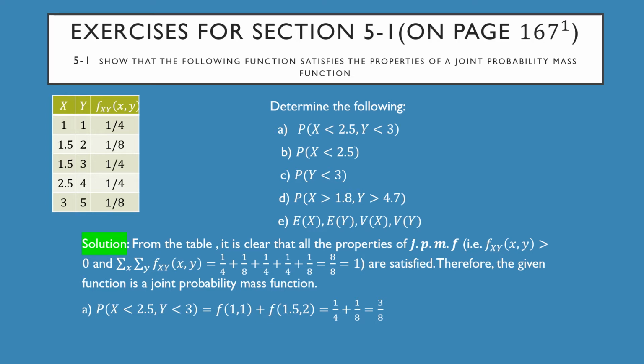We have two values, the first one 1 over 4 and the second one 1 over 8. Let us collect both the values. When we sum both the values, we get 3 over 8. So that ends part A.